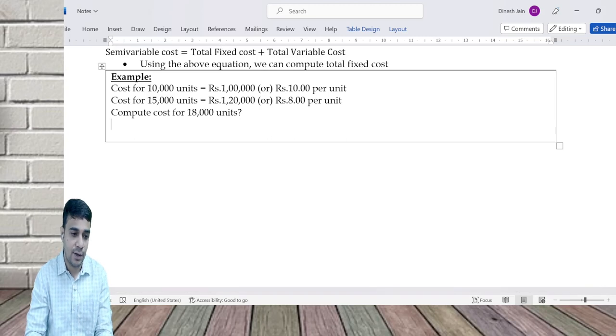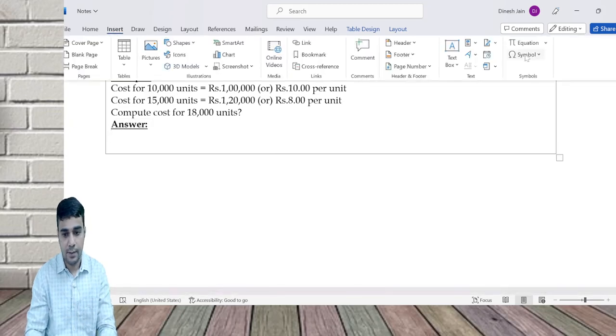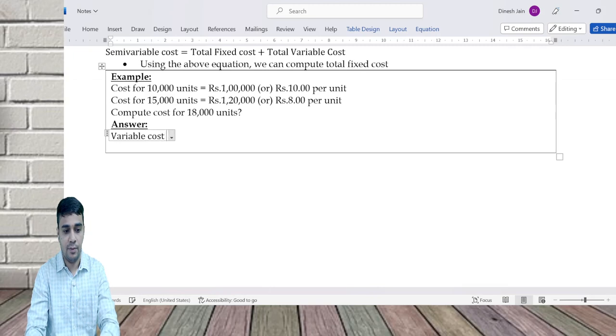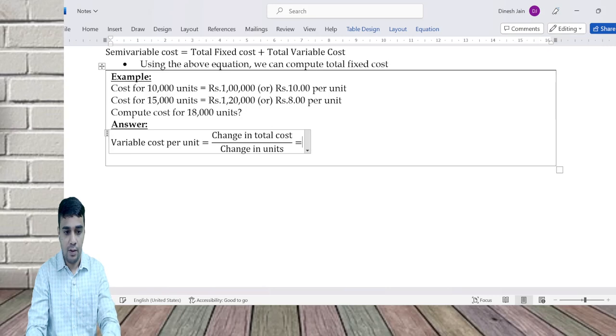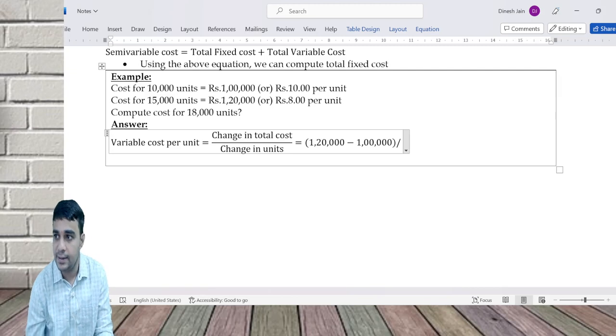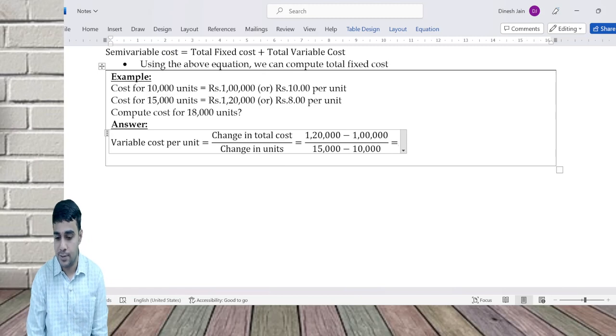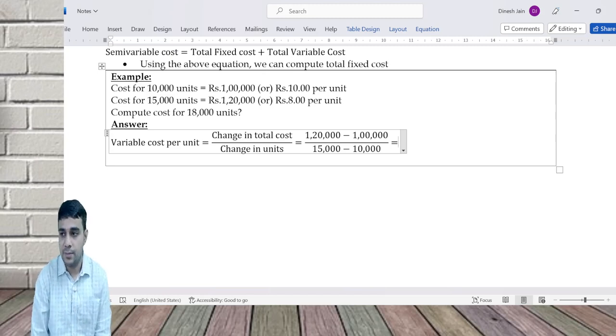So now write: variable cost per unit is equal to change in total cost by change in units. 1,20,000 minus 1 lakh, that is the change, from the two examples I have given, divided by 15,000 minus 10,000.